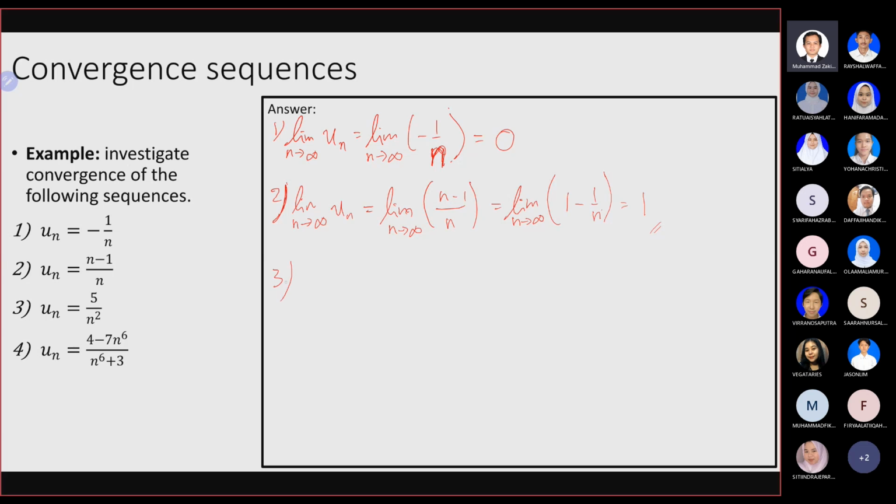And for the third one, we have the limit as n goes to infinity of 5 over n squared. This is again 0. And for the fourth one, we have the limit as n goes to infinity of 4 minus 7n power 6 divided by n power 6 plus 3, which is minus 7. So in this case, we know that all of these converge.